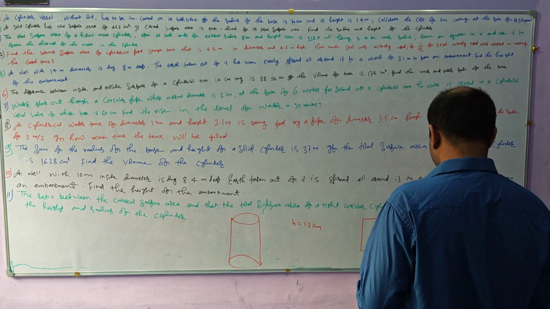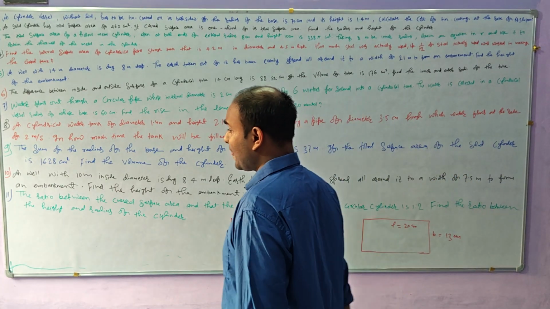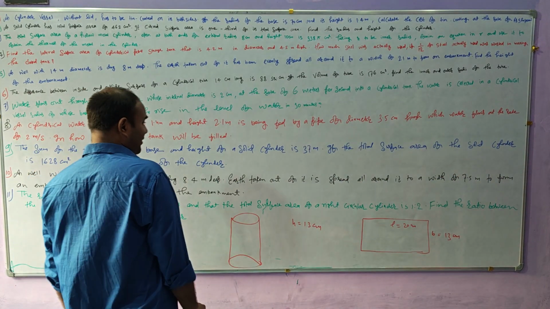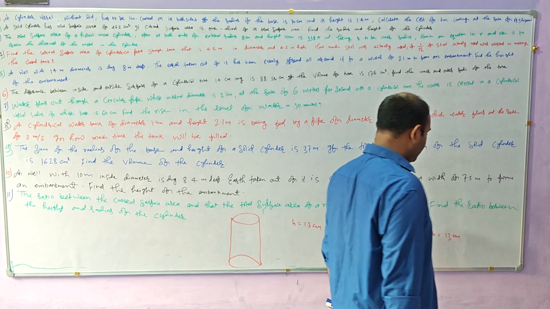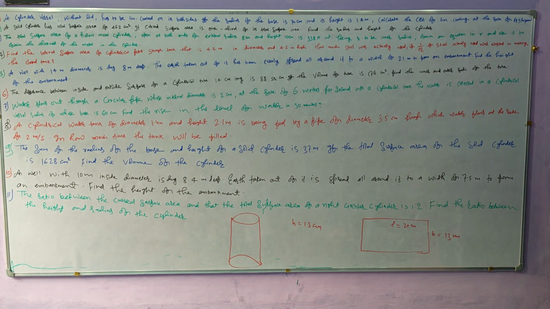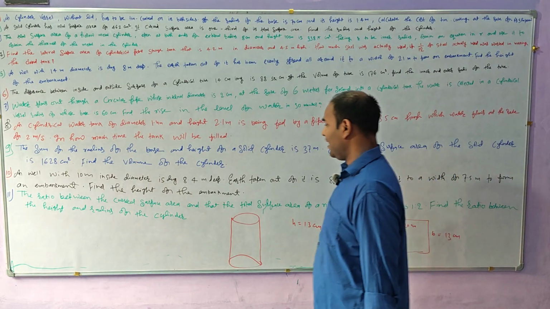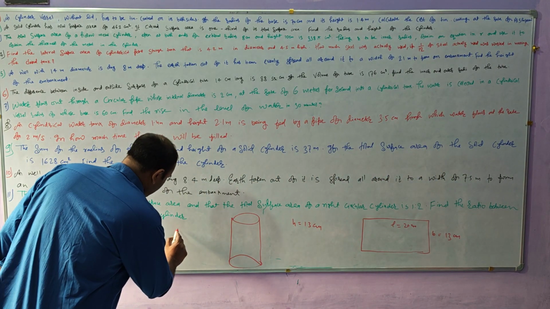When we have a number of circular sheets and we stack them up, we get height, and there is a cylindrical shape.